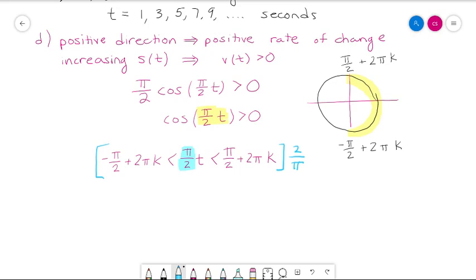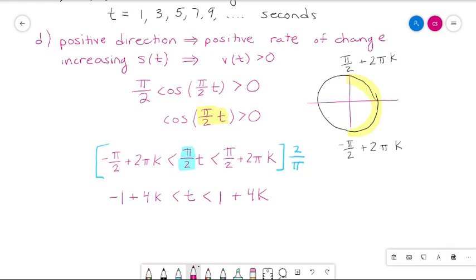All right, so let's do that. So over here, that's the reciprocal. So negative 1 plus, let's see, here the pi's will cancel. 2 times 2 is 4k. Okay, and that's going to go to t, because that's how we designed it. Again, here we're multiplying by the reciprocal, so we're left with 1 plus the pi's cancel. 2 times 2 is 4k. And there we go.